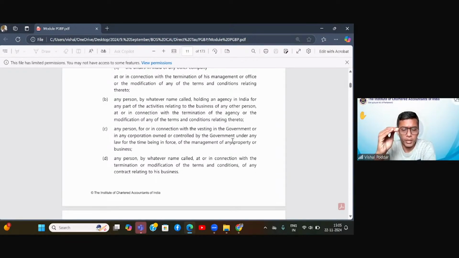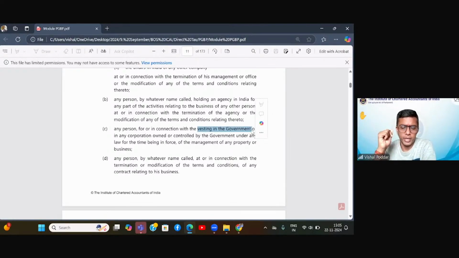Similarly, where you have to vest your rights in any business with the government, which is called nationalization. Like how India went for nationalization of banks, I think in the 80s somewhere, not the 90s, the 90s is wrong.